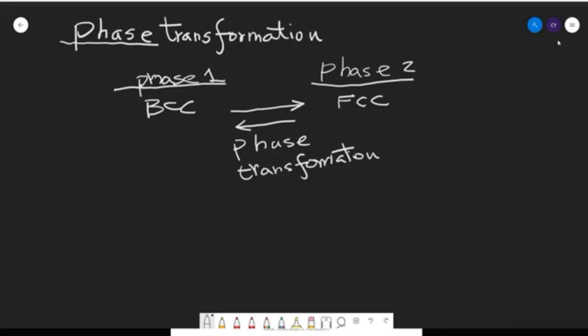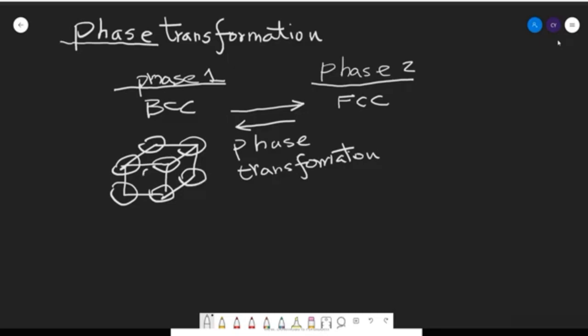And we may write down again the BCC structure. We write it many times. So now maybe you can write it down very quickly. The center is an FCC structure.